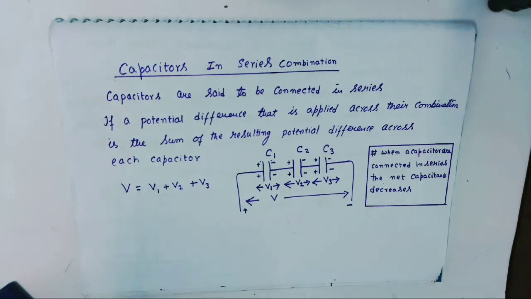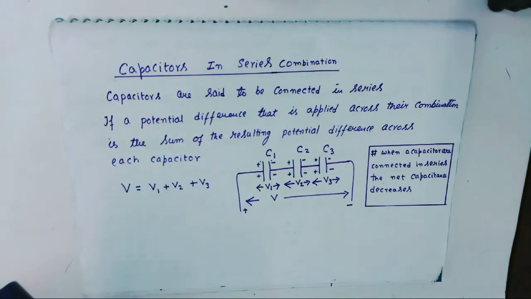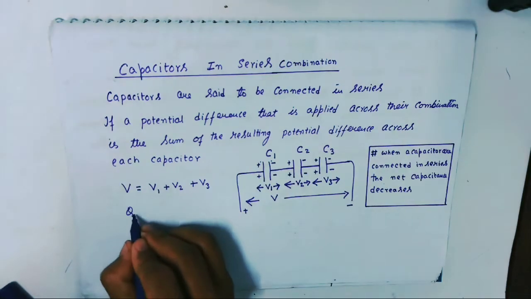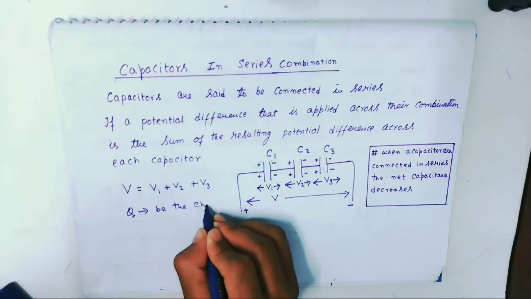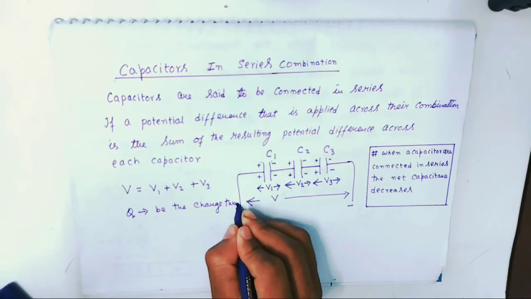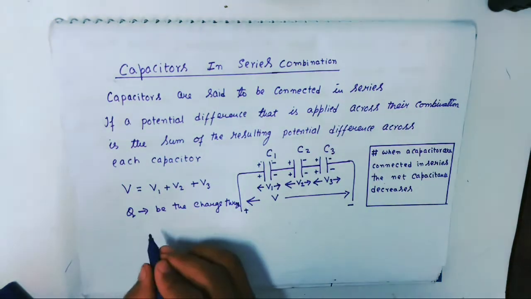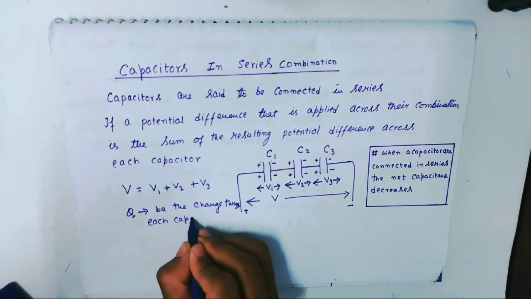So remember one thing, that in series grouping, the charge through each capacitors are same. So Q be the charge through each capacitors.